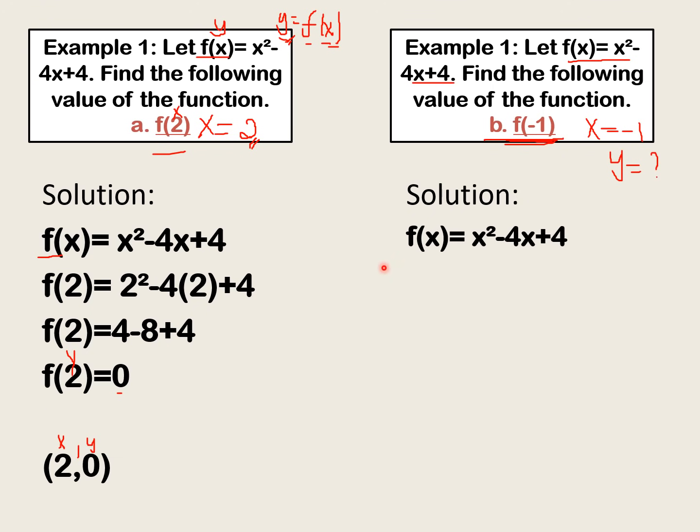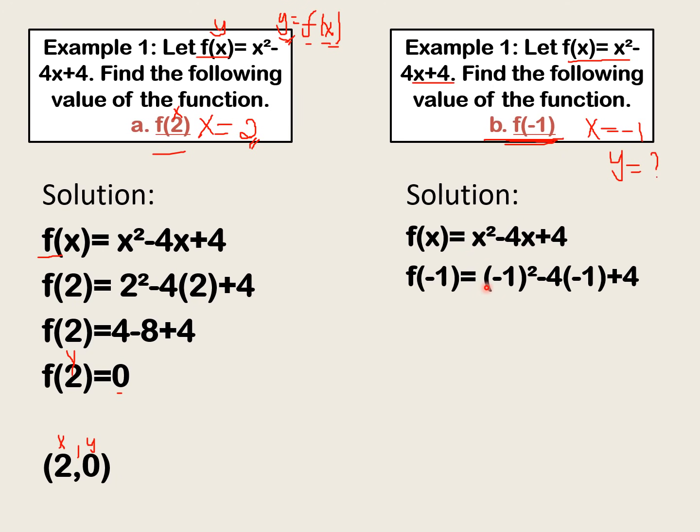Okay, unahin natin, syempre, always write first the given expression. Okay? So, f of x equals x squared minus 4x plus 4. Ano kasi yung susunod? Yung susunod natin gagawin is to substitute the value of x, which is negative 1, to our given function or expression. So, we have here f, tapos x equals negative 1, equals, our x is what?